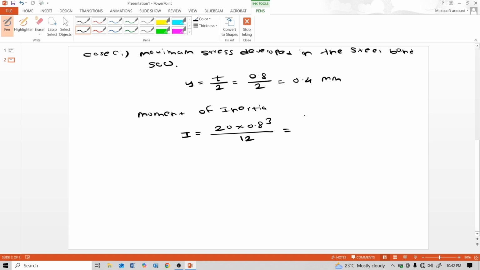This is 0.8533 mm raised to 4. Now next use the flexure formula. Flexure formula is M by I is equal to sigma by y is equal to E by R.